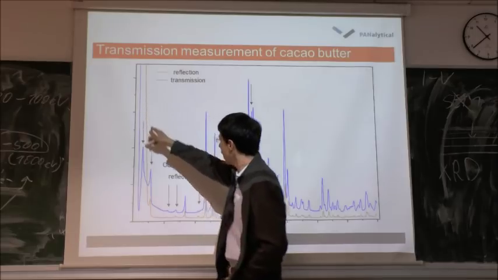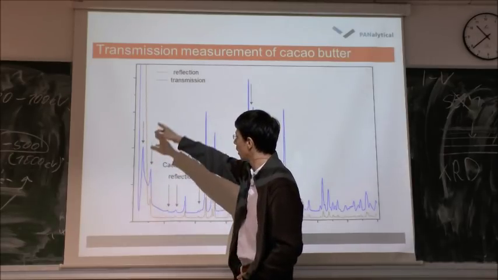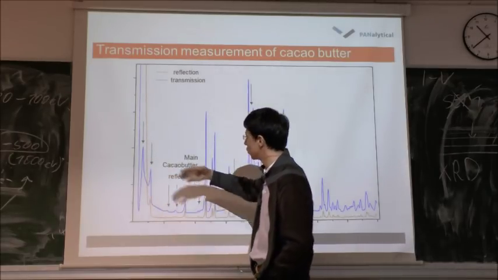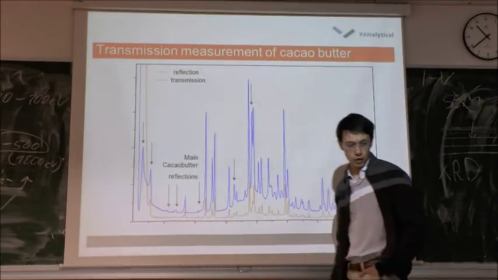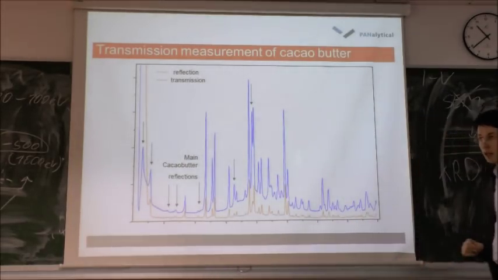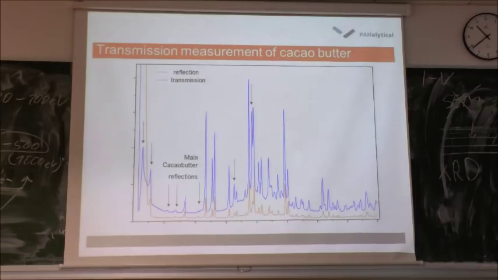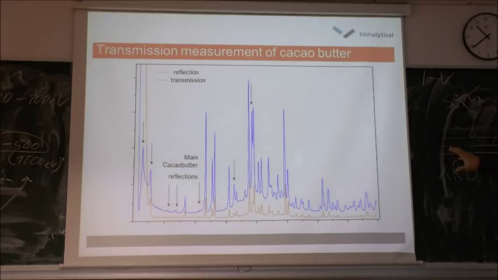So if you do a reflection measurement, you have a lot of signal, but if you do transmission, the signal is decreased. But in the community we are in, transmission XRD is not really used. This is done on cacao, which has a high transmittance.